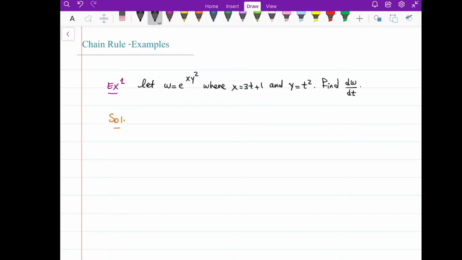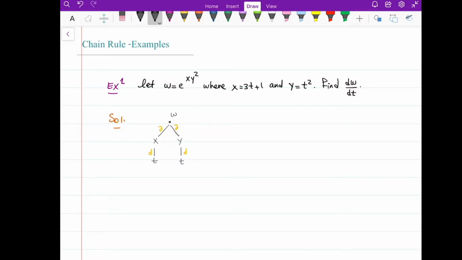As I explained in the video for the chain rule, whenever you have a function, try to graph a tree of the variables to see how to take the derivative. So w is a function of x and y, and x is a function of t, y is a function of t. Since w is a function of two variables, I need partials here, and here I need just the simple derivative.